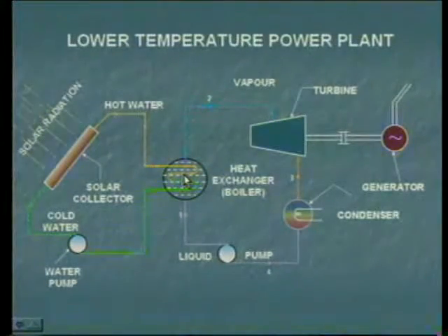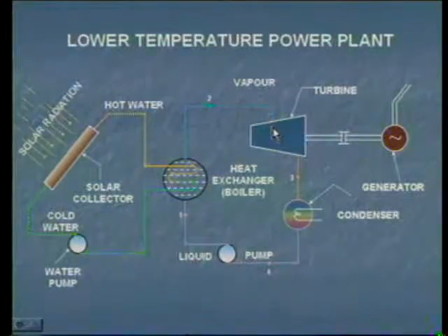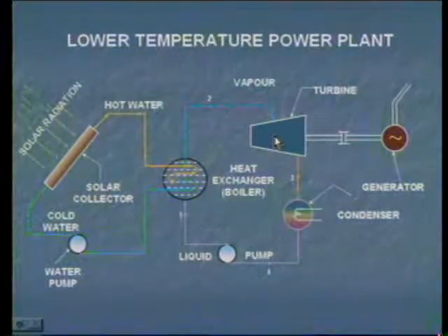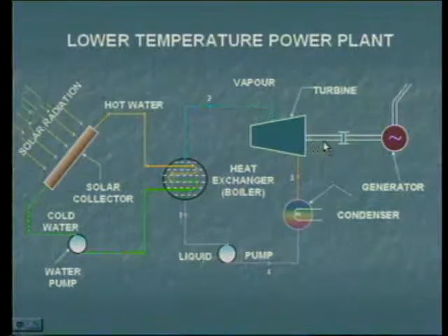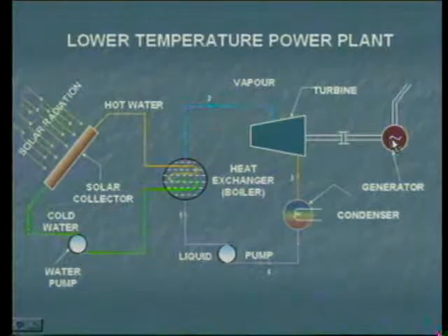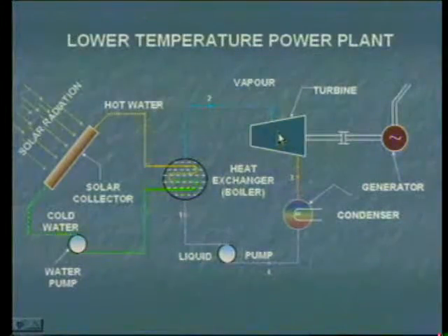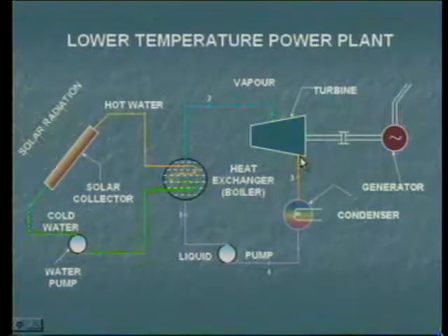Now this high pressure vapor from the heat exchanger enters the turbine, where, because of the expansion of the vapor, the turbine develops work, and the turbine shaft is connected to the generator, so the generator develops the required electrical energy. After the expansion, the media coming out of the turbine is a low pressure vapor.